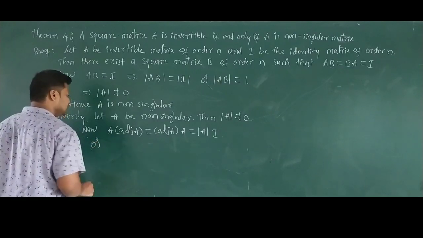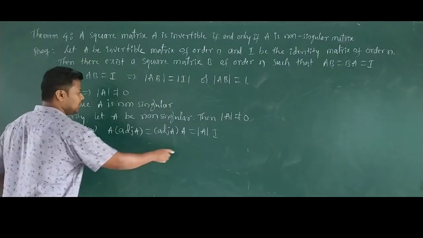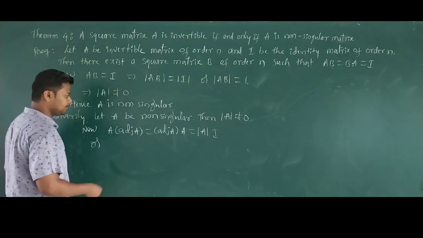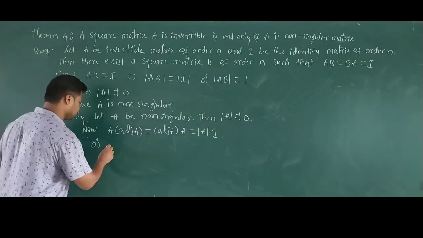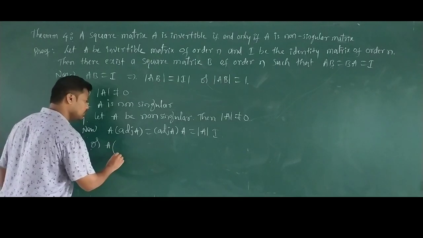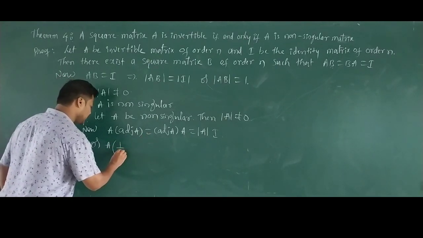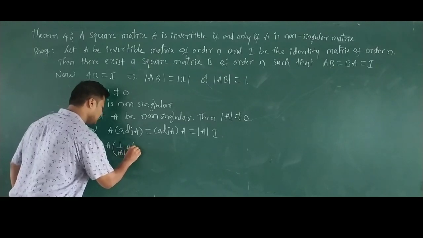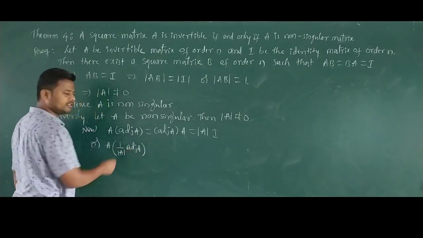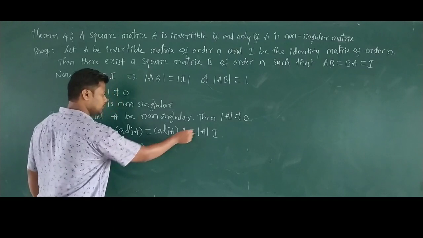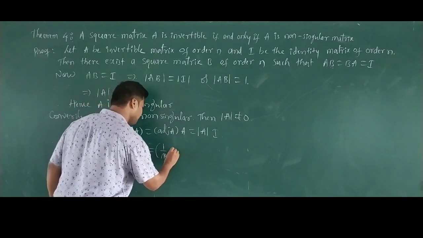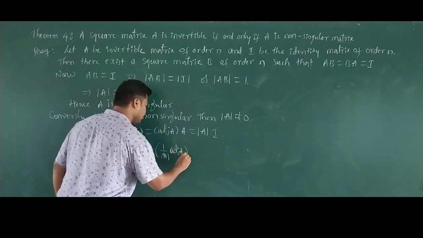Or this can be written as, if you transfer this determinant of A to this side, A into 1 by determinant of A into adjoint of A equals 1 by determinant of A into adjoint of A into A.